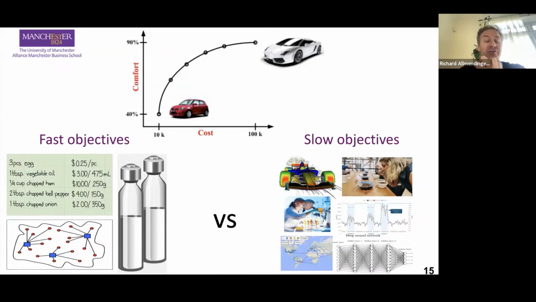And here again, we had the drug discovery problem, and we noticed that some of the objectives were very fast to compute. For example, the cost of manufacturing a drug. That's simply adding up the ingredients, potentially costs for electricity and so on, and the whole manufacturing process. That can all be done with a simulation that is very fast to run.